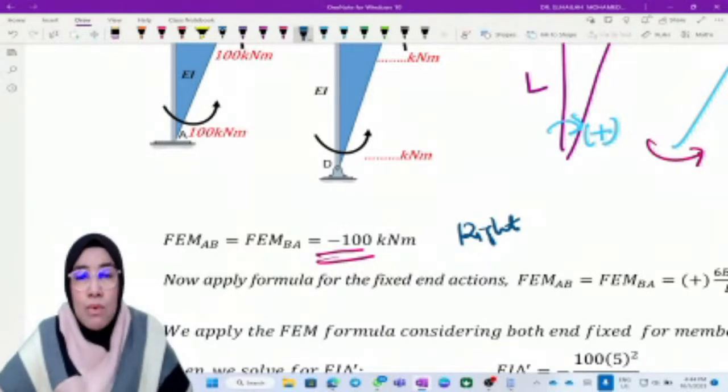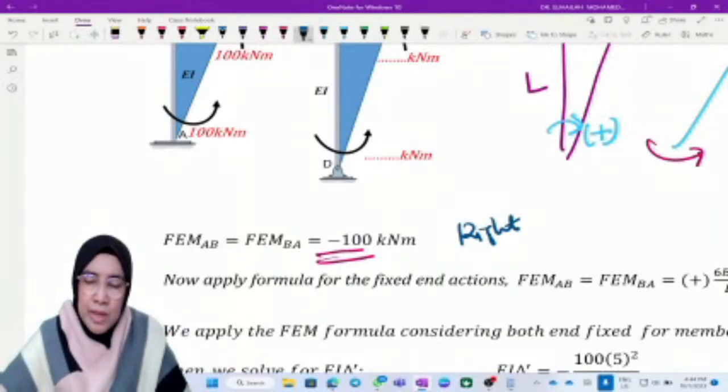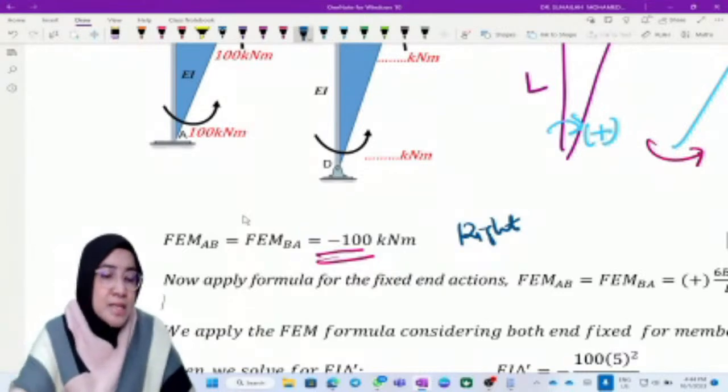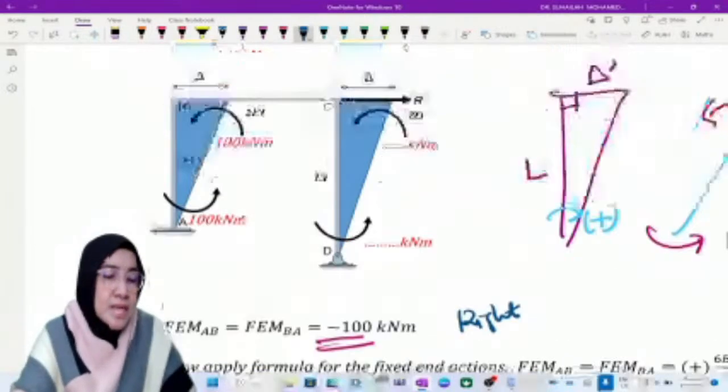Look at the angle, whether it rotates clockwise or counterclockwise. In this case, the column rotates.